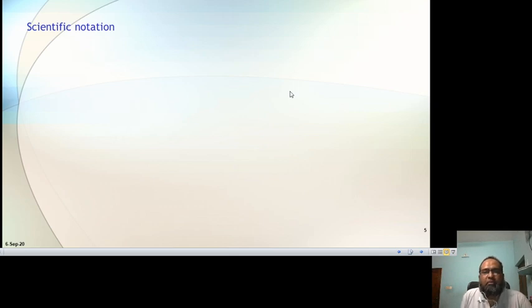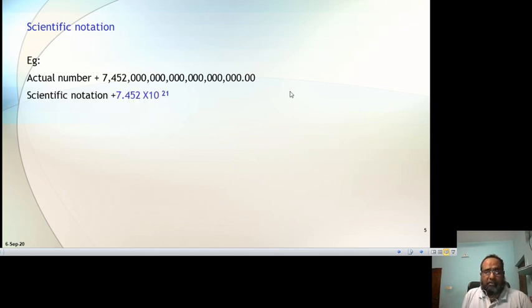The floating point numbers are actually the numbers that are represented in scientific notation. So what is a scientific notation? A big number or a very small number you can convert into a particular form, which consists of the number and there is a base and there is an exponent.